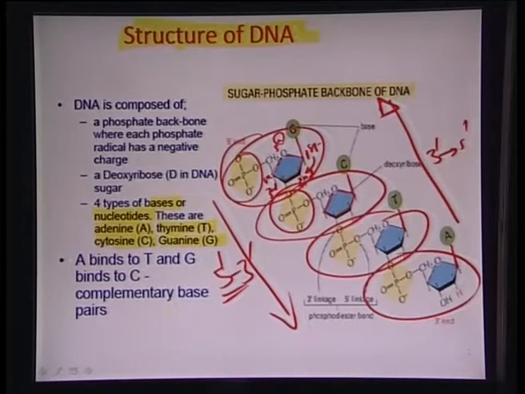A very interesting factor, a fantastic mechanism of this arrangement of molecules, is that these bases, adenine, thymine, cytosine, guanine, only bond to their counterparts. That means adenine binds only to thymine, and guanine only binds to cytosine. We will see in a little bit why this happens.